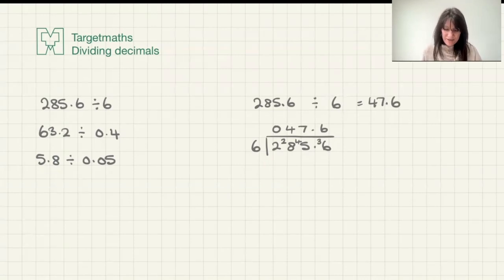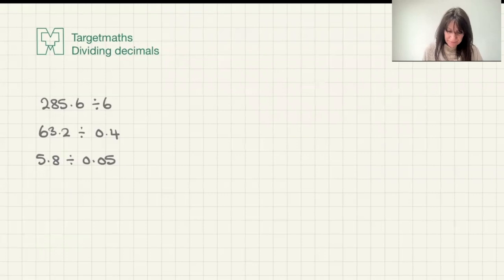Okay, so next question. 63.2 divided by 0.4. All right, so this is where things change. I am dividing by a decimal. It's not what I want to do. I really want to manipulate this question so that I am able to do it with ease.